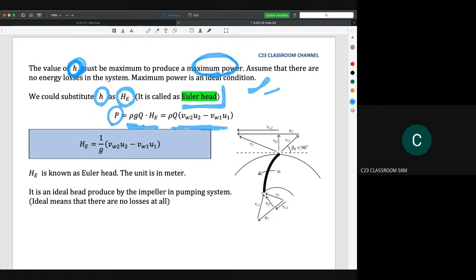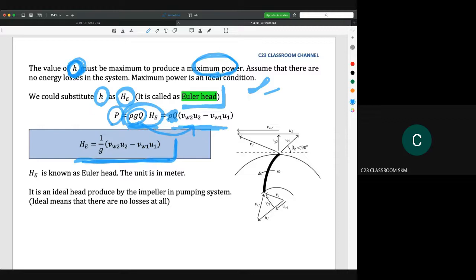So we substitute the value of HE here, and then we could simplify the equation. We bring rho g Q to the right side and cancel the value of rho Q. So HE, the Euler head, can be written as 1 over g (V2 U2 minus V1 U1). So this is the equation of the Euler head.